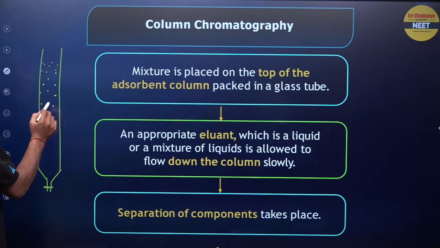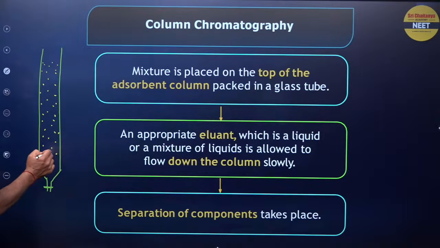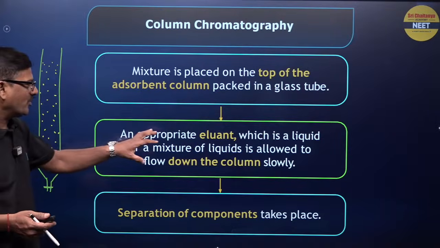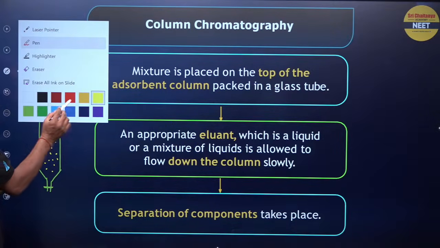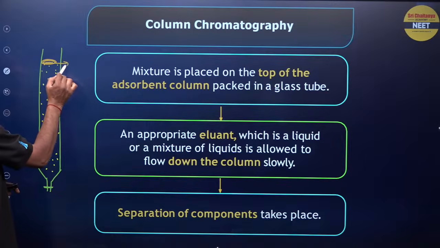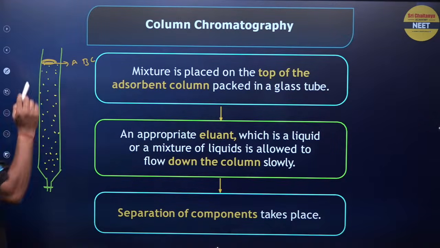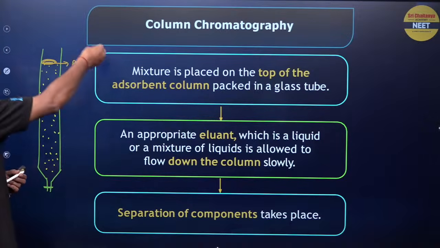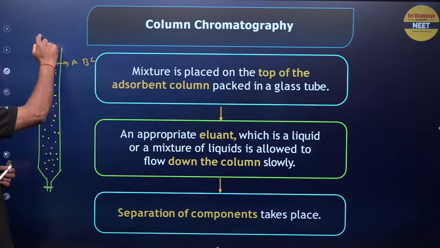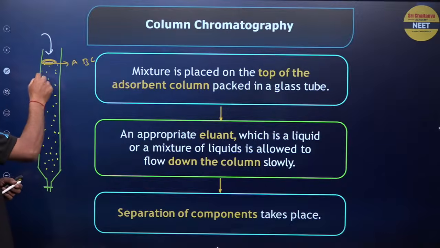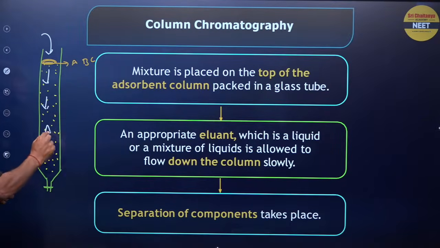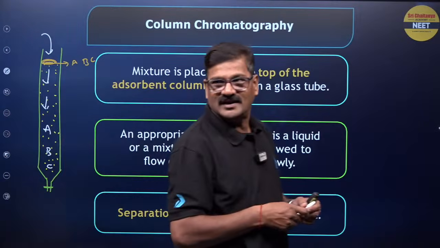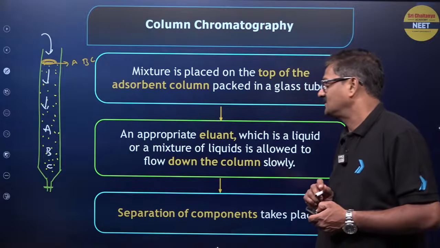The mixture of compounds A, B, C is added here, and a liquid of differing polarities is added from the top. Along with the liquid, A, B, C move down and you can collect them. That is how column chromatography is done.